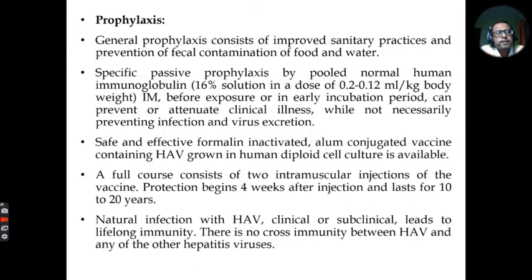Secondly, some specific passive prophylaxis methods are available where we use pooled normal human immunoglobulin, where we can extract these antibodies from persons who have been affected by this virus and use them as prophylactic measures. Here a 16% solution in a dose of 0.02 to 0.12 milliliter per kg body weight is given before exposure or in the early incubation period.